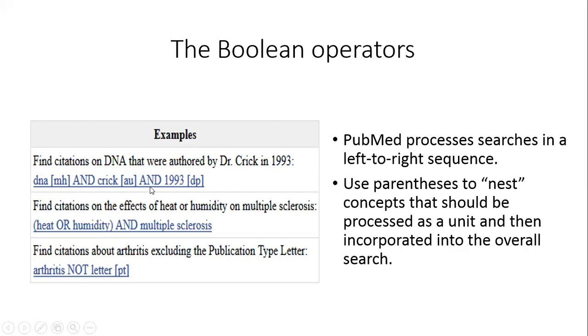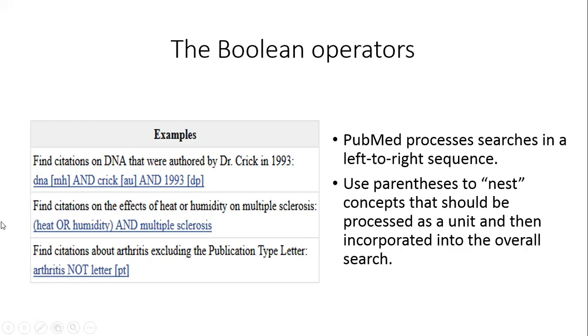You would also have to find all those terms that were published in 1993 by giving the tag of date of publication. Okay, so this is the perfect way of framing a query.